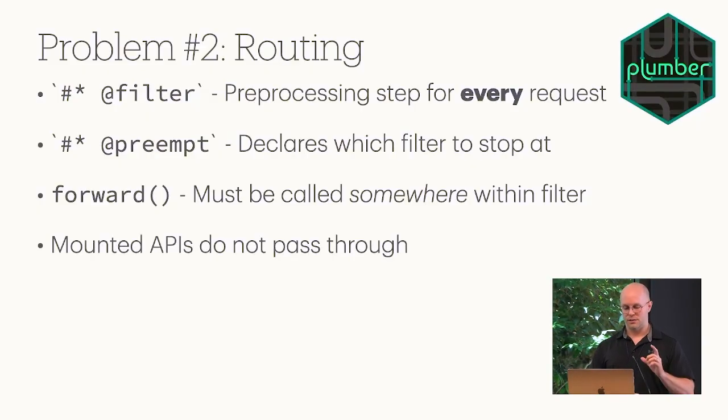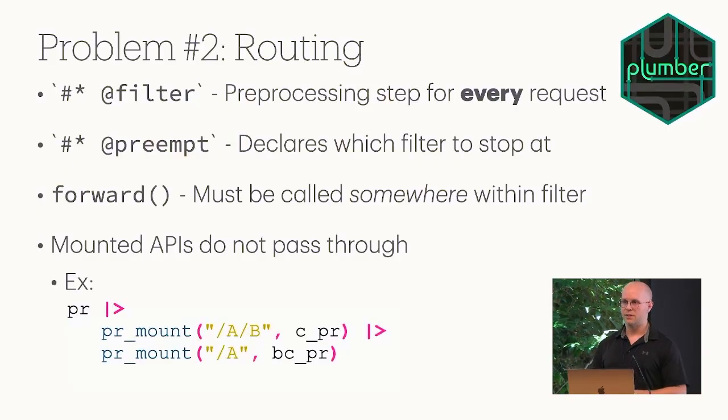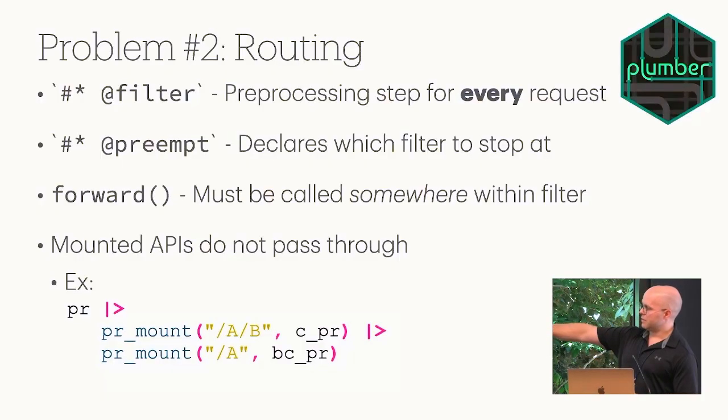And then in addition to all this, because we have these control flows at the front, if you have a mounted API, it does not go to the second, plausible mount as well. So let's say I have an end goal of wanting a request of ABC. I'm going to take a subrouter with just C, and I'm going to mount it to AB so I could have the ABC path.